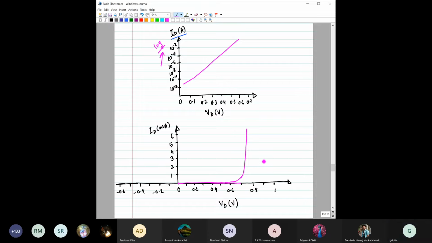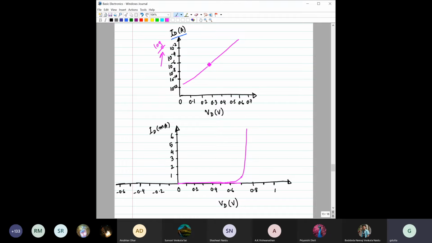Yes, sir. Okay, so here you can see that up to a certain voltage, in a linear scale the current is negligible, or close to zero. It appears to be, but after a point the current increases almost perpendicularly.